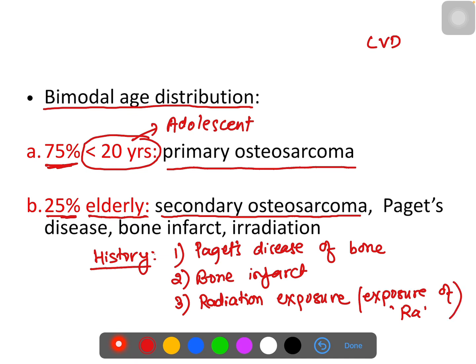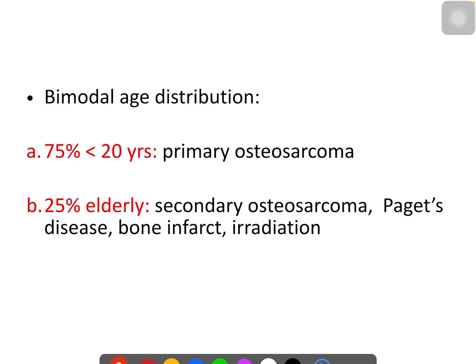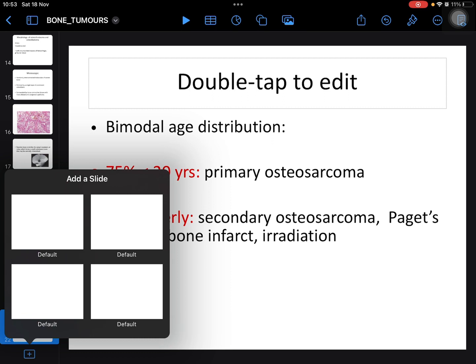To give you the summary of what we discussed just now: osteosarcoma has a bimodal age distribution.